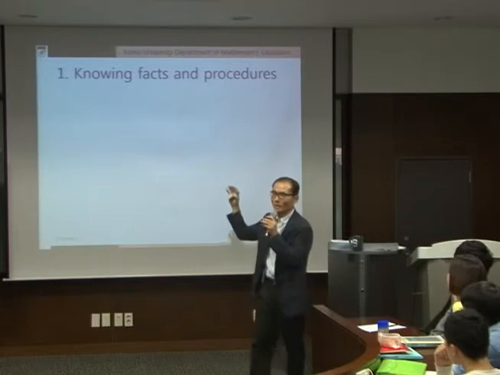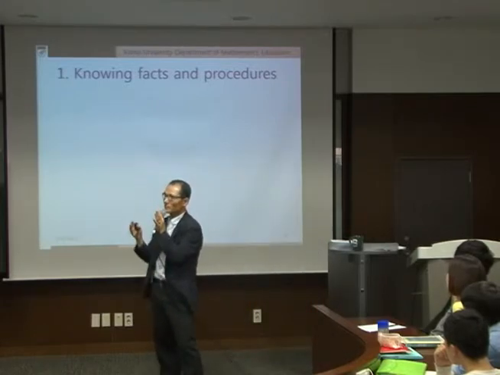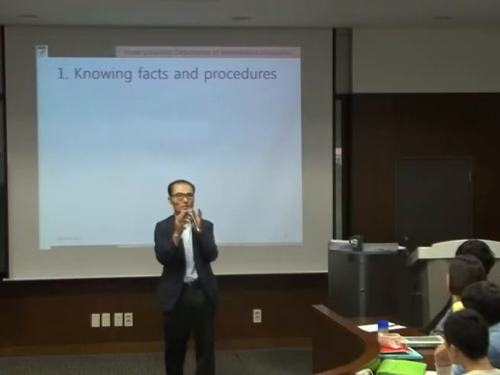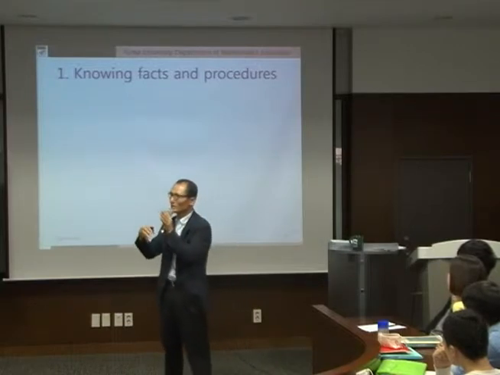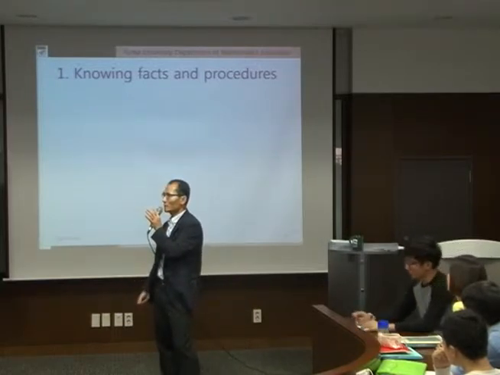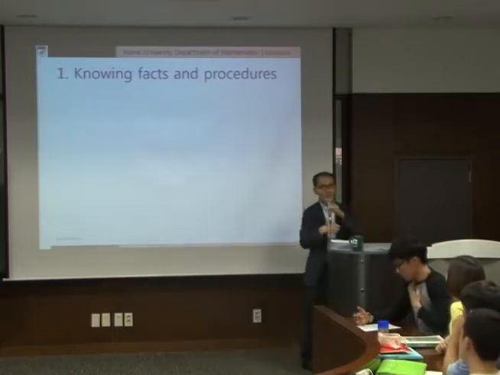But one of the advantages of using the TIMSS conceptual framework is to see what kind of question you can ask directly to evaluate mathematical process. That's why I'm showing you the TIMSS conceptual framework.